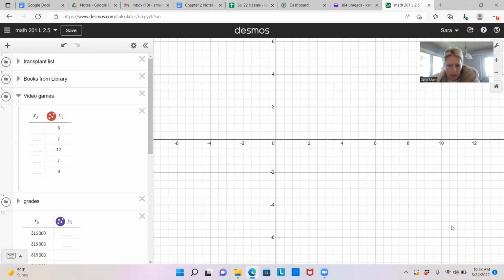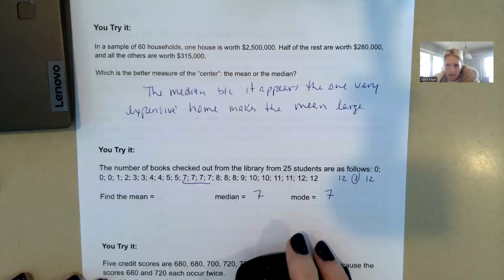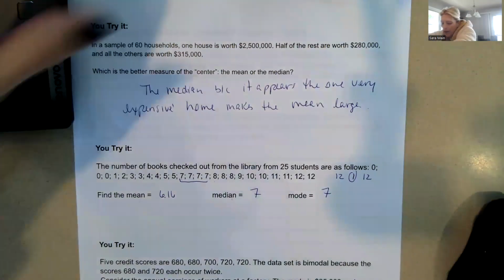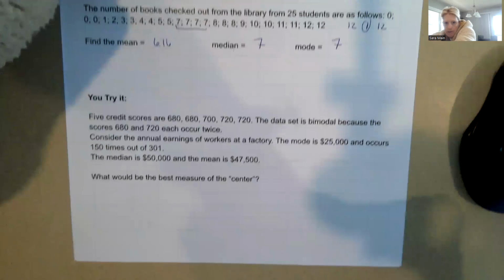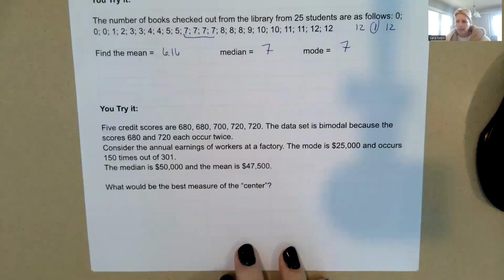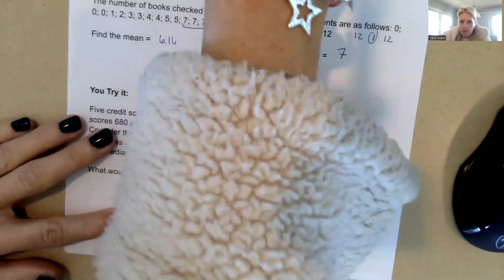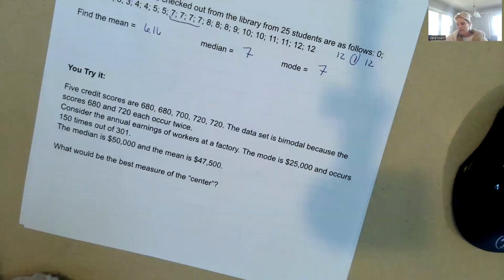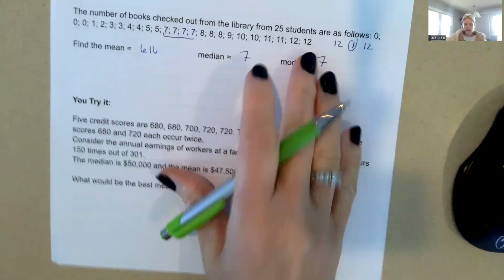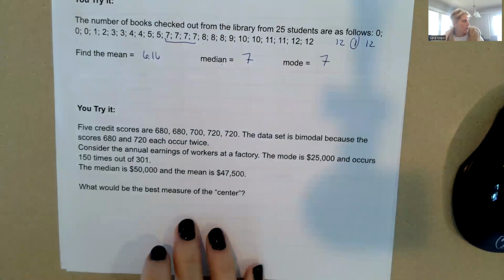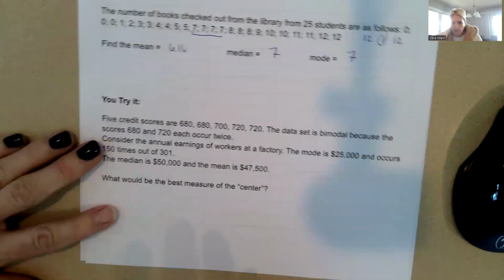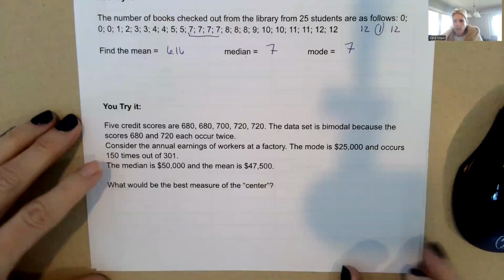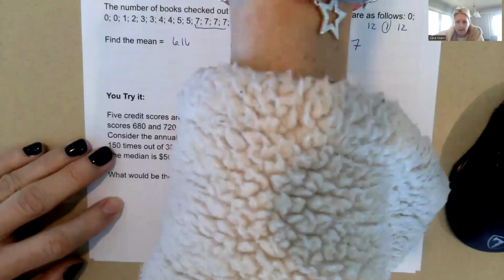Let's first look at our next question here on the paper. It says, 5 credit scores. Credit score is a rating that some companies give you, and it tells the bank, if you want to get a house loan or a car loan and borrow money for something, how worthy you are of paying back debt.